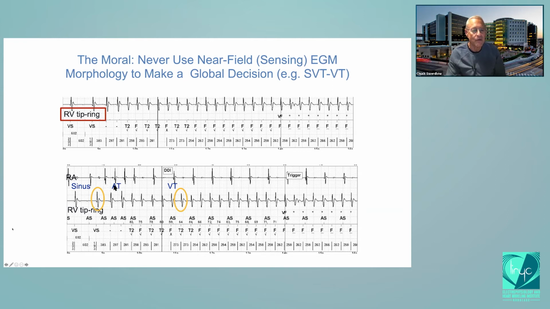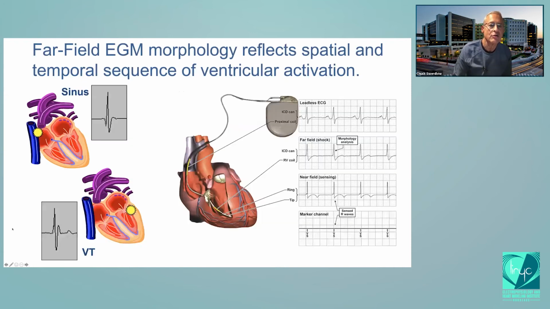The P waves precede the QRS, and then when the atrial tachycardia stops, we resume sinus rhythm. And here, of course, is VT with more ventricular signals than atrial signals. And on the local sensing bipole, they all pretty much look the same. So don't make a global decision based on local electrograms.